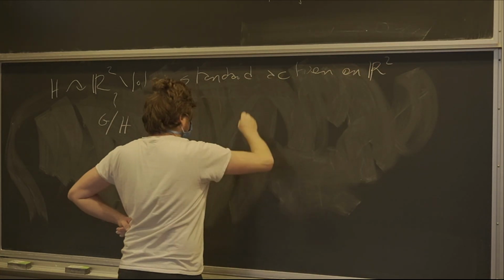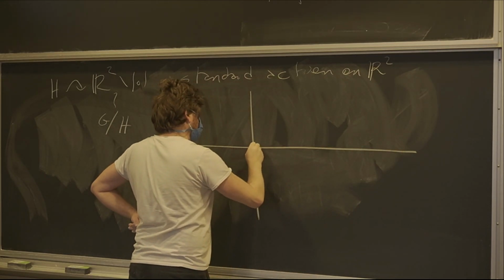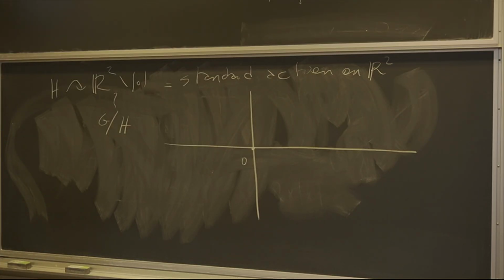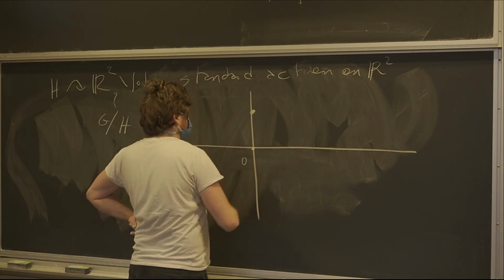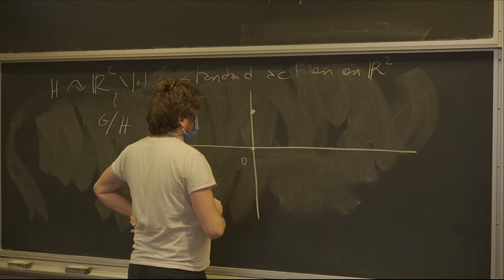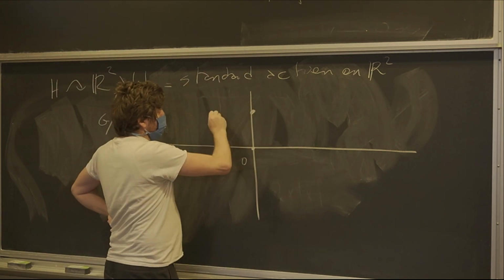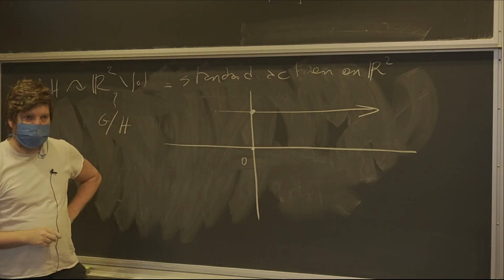on R^2, and now finally comes the picture. I have 0 here. Now I take a vector here. When I multiply this vector by this matrix, since it is in the positive, it moves in this direction.